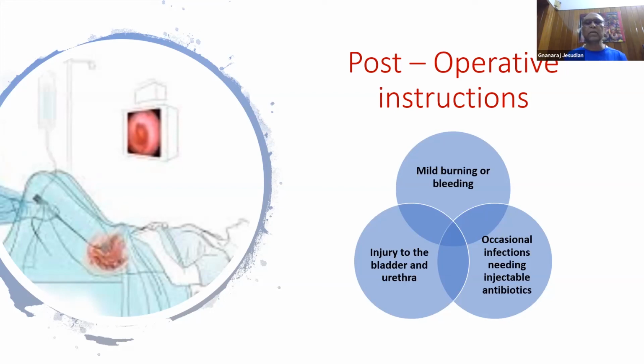And if there is any of these problems, then you need to report back and get antibiotics for a longer time, because any infection, a little bit of injury and infection can lead to scarring. So basically these two tests, both bladder pressure studies and cystoscopy, will help us to diagnose a variety of conditions and help in deciding the correct treatment.